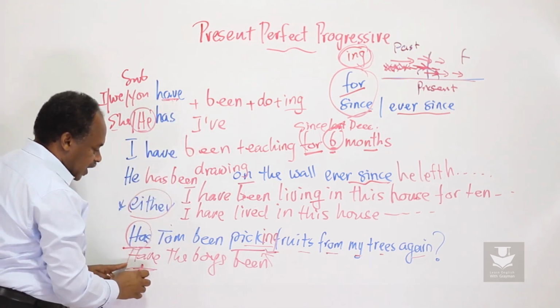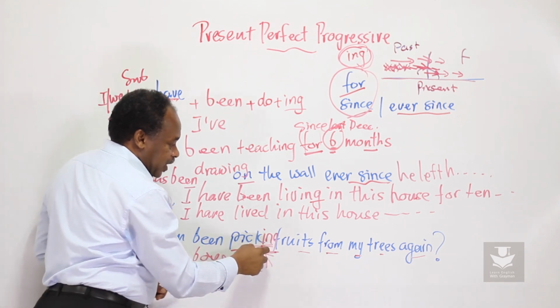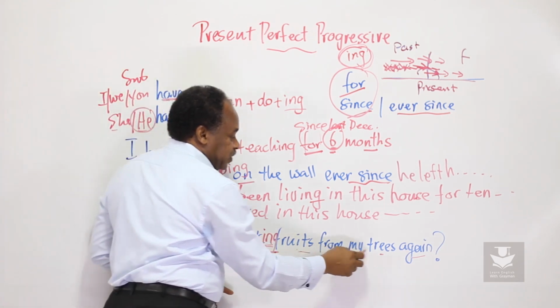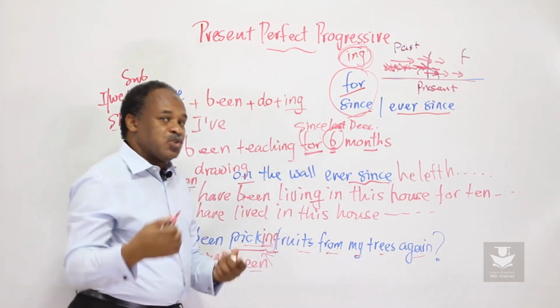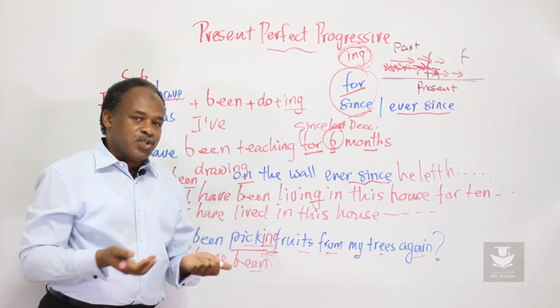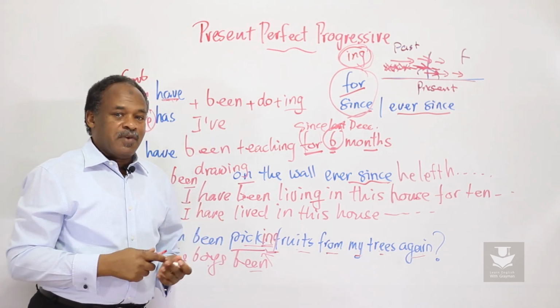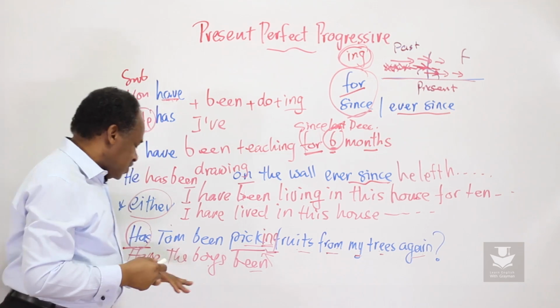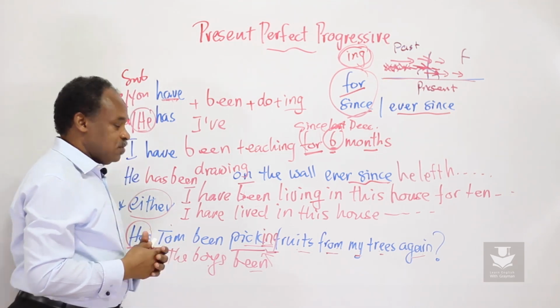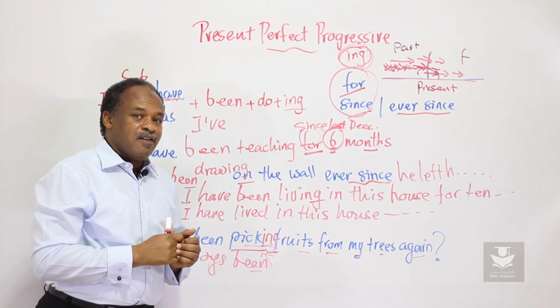So, have the boys been picking fruits from my trees again? Like the boys would come around my house and pick the fruits for 20 years. They've been doing that every season whenever I get fruits on my trees. So I would ask, have the boys been picking fruits from my trees again?